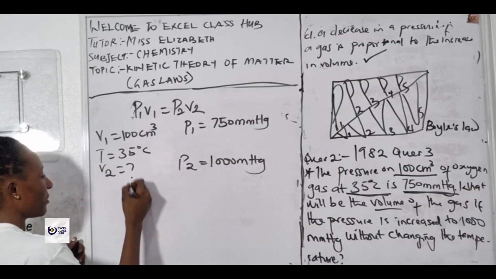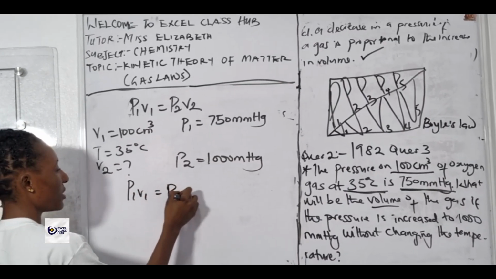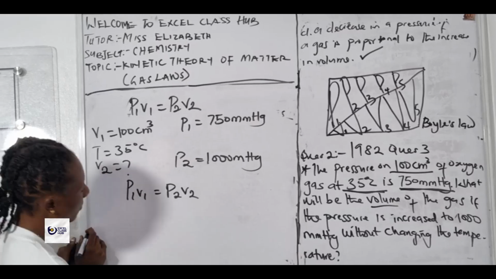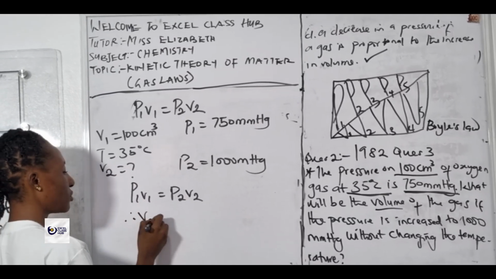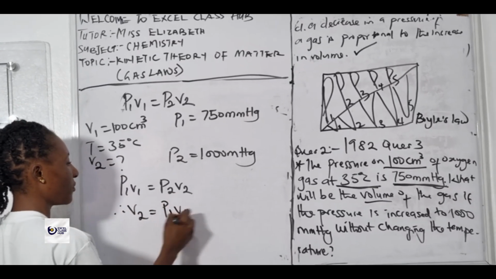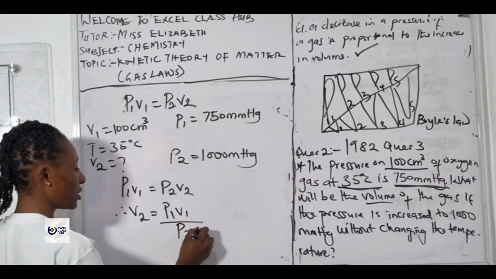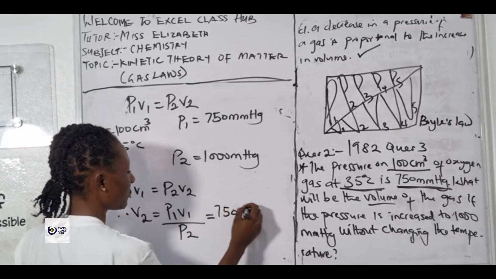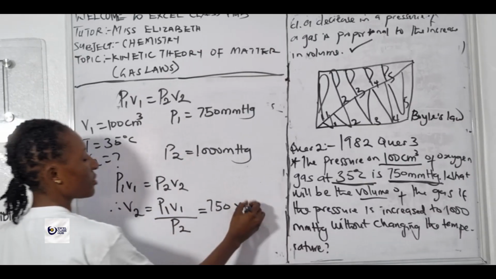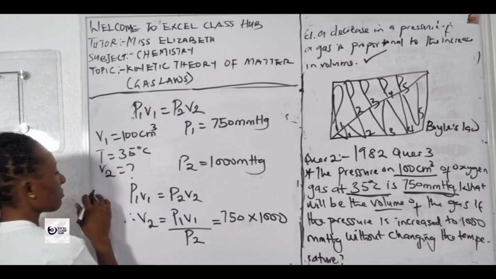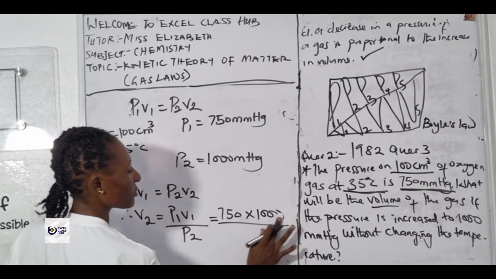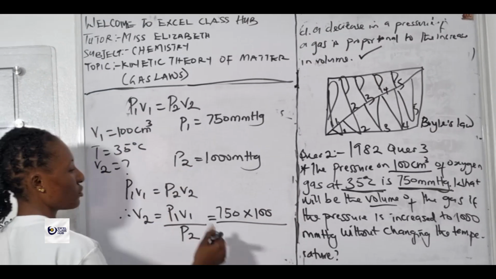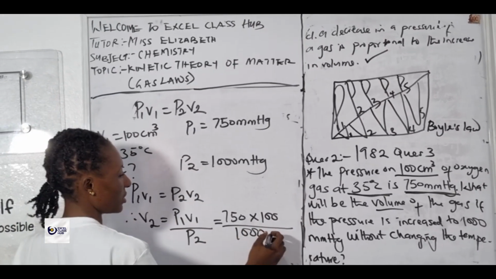So write out our formula down again: P1 V1 equals P2 V2. What we're looking for is V2. We make V2 the subject of the formula, which becomes V2 equals P1 V1 over P2, which equals 750 times 100 over 1000.